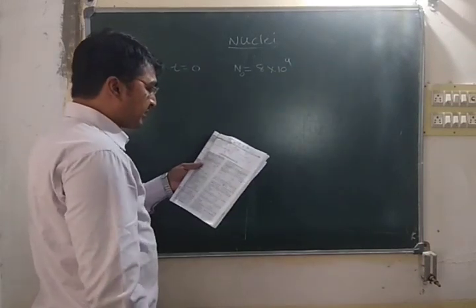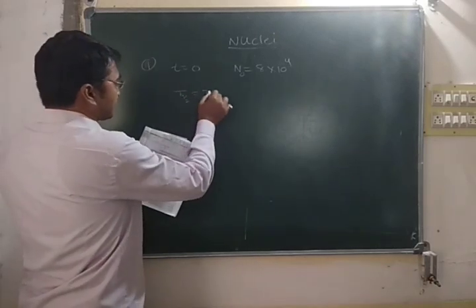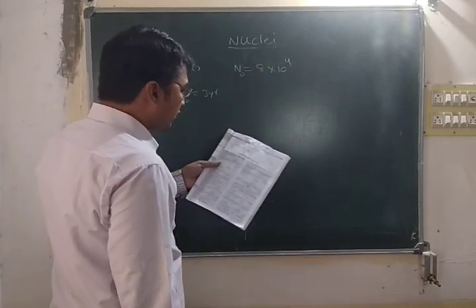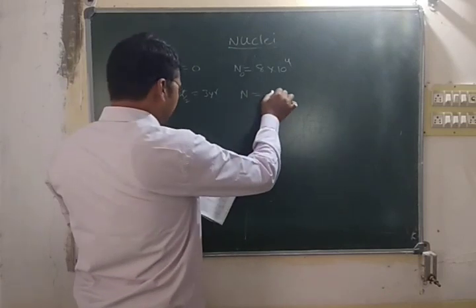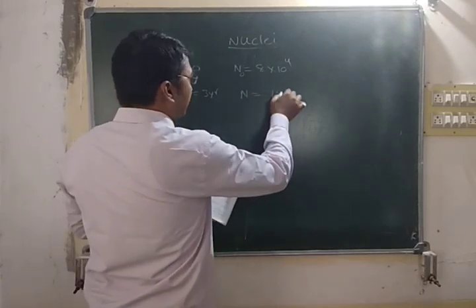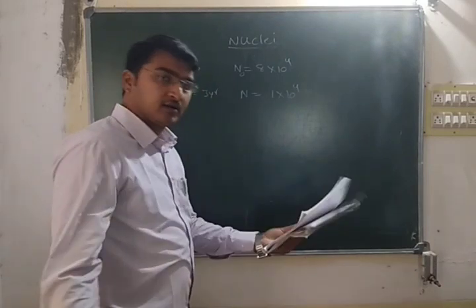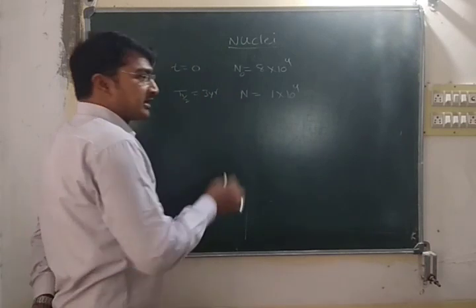Its half-life period T half is 3 years. The number of atoms 1 into 10 to the power of 4 remains after how much time? So we should find the small t value.